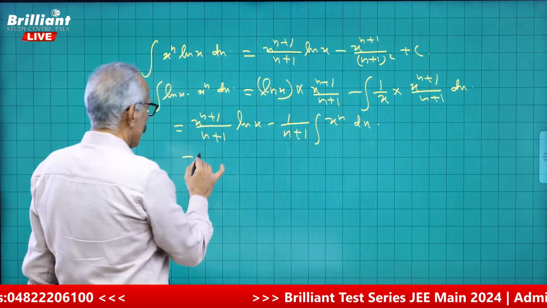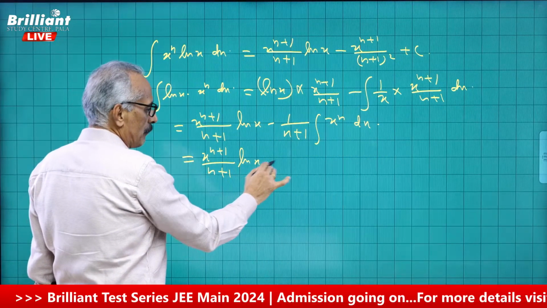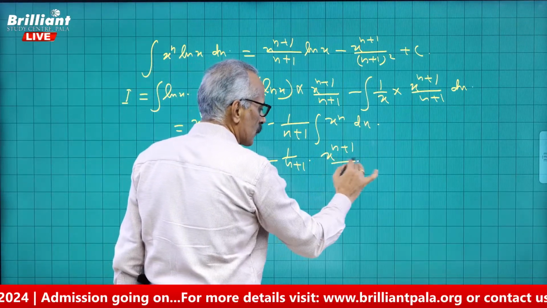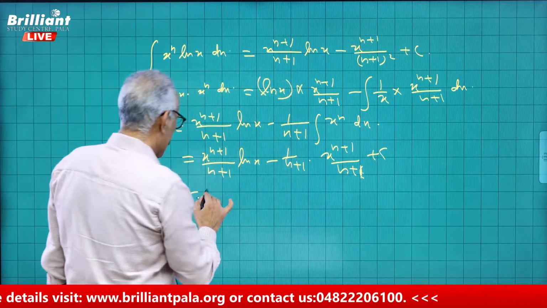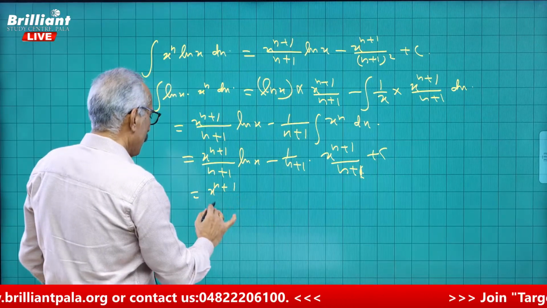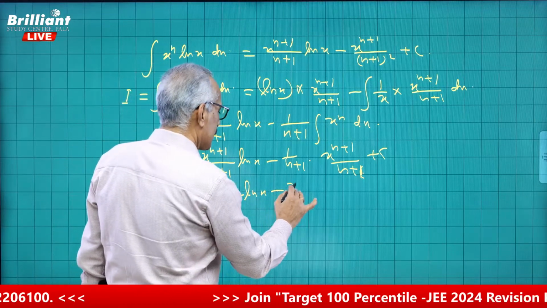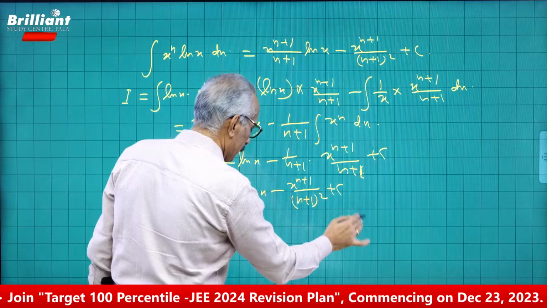Again this is x raised to n plus 1 divided by n plus 1 into log x minus 1 by n plus 1 into x raised to n plus 1 by n plus 1, plus c. So this is x raised to n plus 1 divided by n plus 1 into log x minus x raised to n plus 1 divided by (n plus 1) the whole square, plus c.